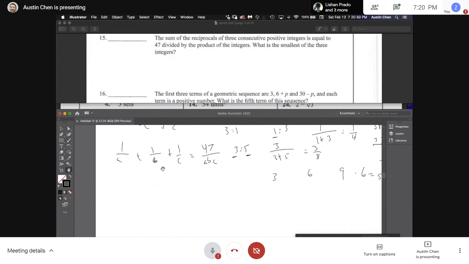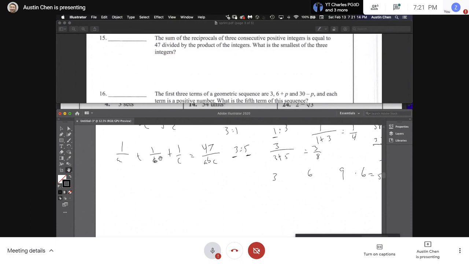Now this is not a great expression to work with. Just directly, you really don't enjoy having 1 over the reciprocal of positive integers. So we want to manipulate this expression to see if we can find something better.